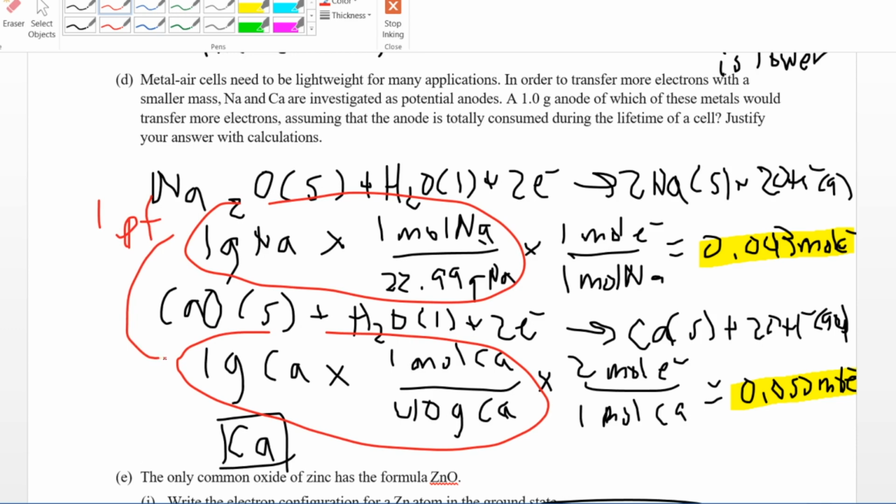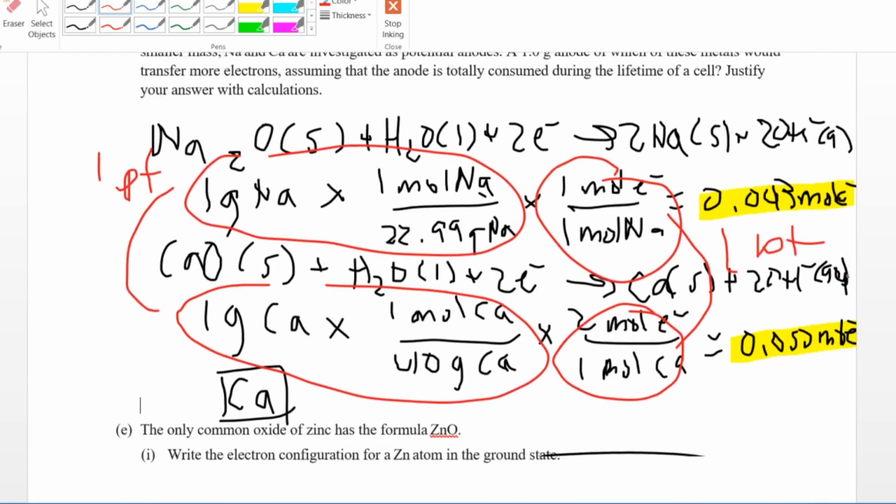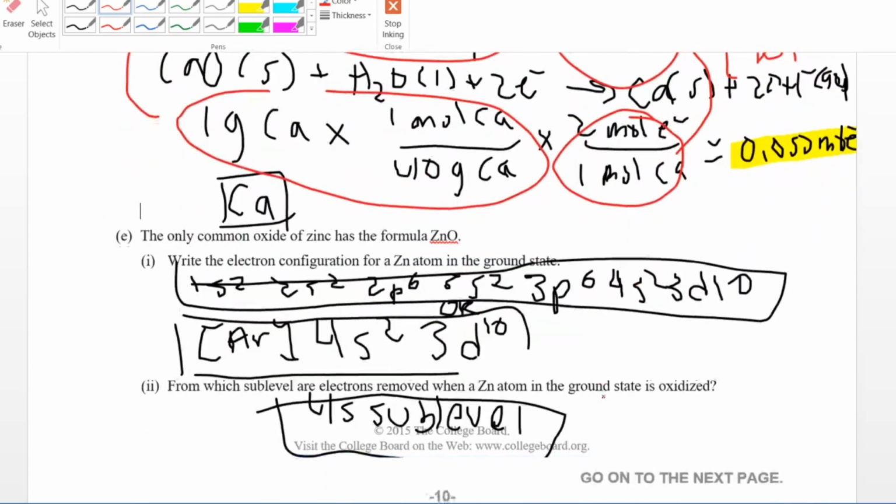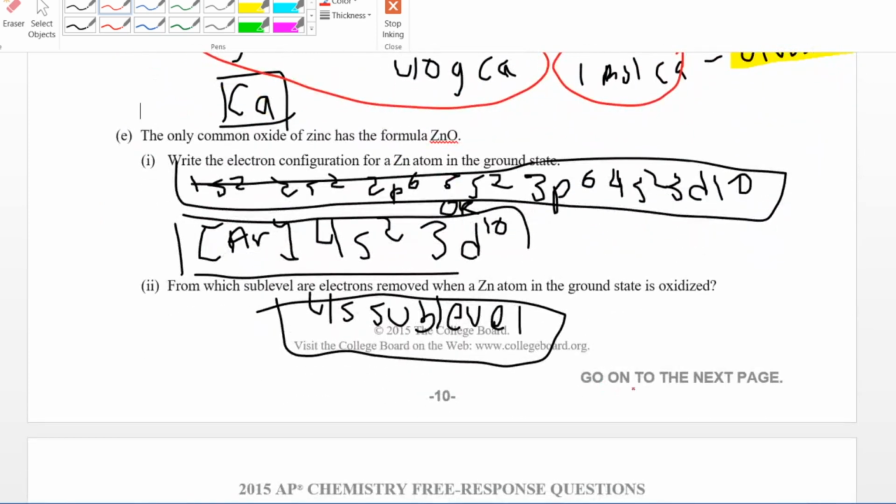Yes, 1 mole for this part, basically. You get another point for considering that, and of course having the correct answer, please. And for this one, as I said before, 1 point is earned for either one of them. You don't get extra points for saying both. I just did it to show you that there are 2 correct answers here. And another point for saying the correct cell level here.